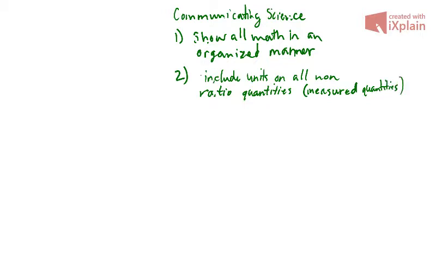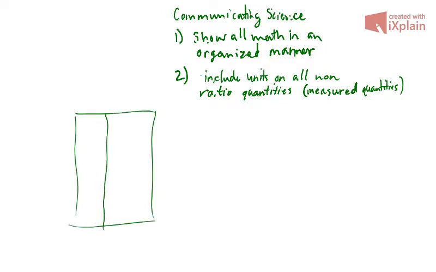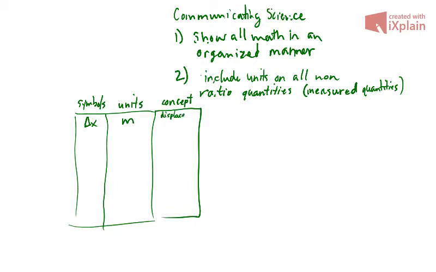All right, so last part of this, I'm going to show you all the units that we've gone through so far. So here's the symbols, units, and I'll make the third one the concept. It's kind of backwards, but hang with me. So delta x, meters, concept is displacement or change in position. You can look at it either way, they mean the same thing.